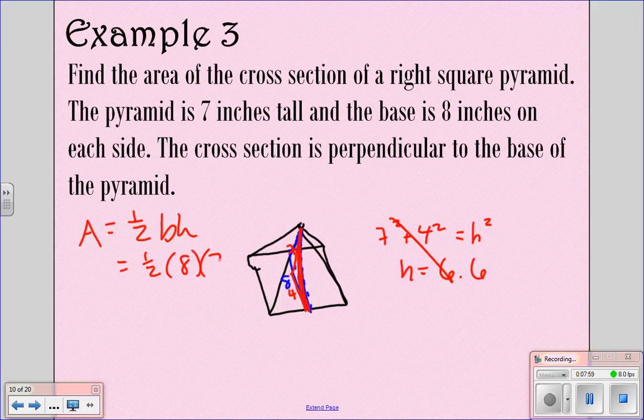So we have 8 times 7, and then half of that would be 28 inches squared. So your perimeter, I'll go ahead and tell you what it would be, 21.27 if you wanted to check that out. But your area would be 28. That's what it had asked to find. Okay?